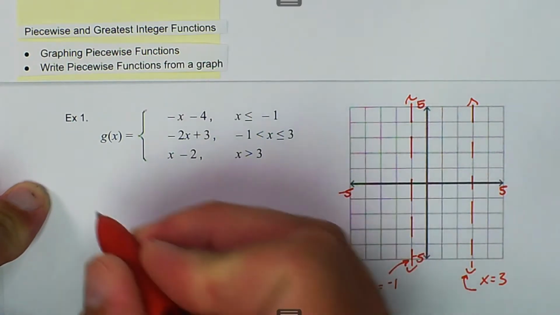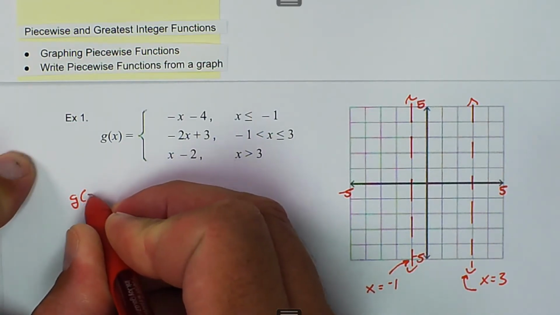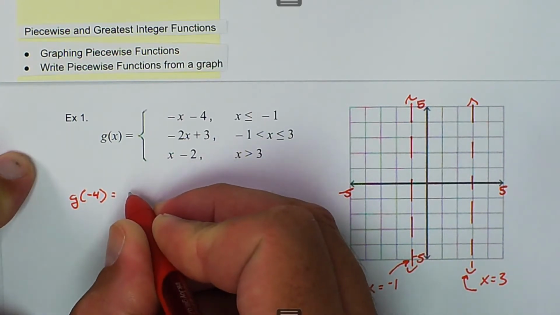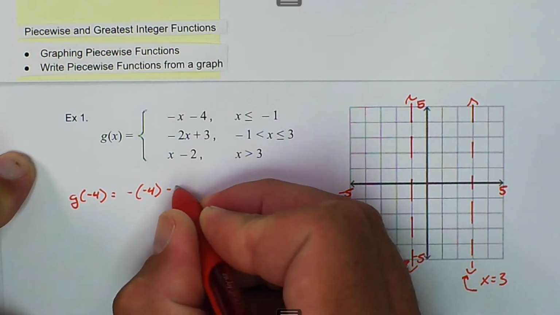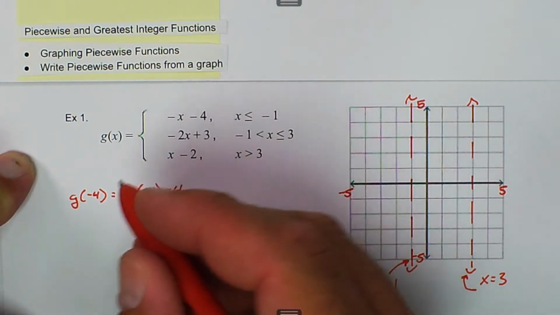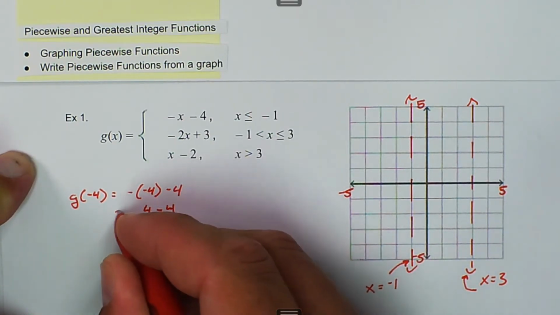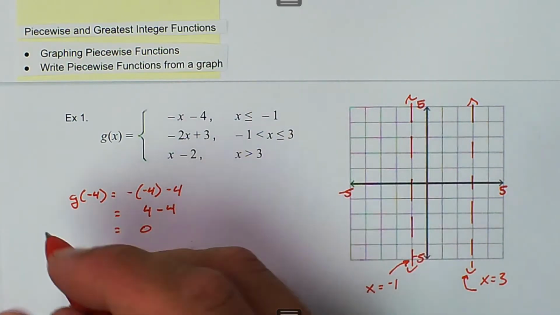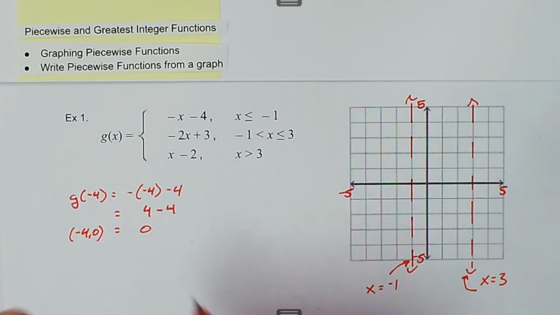So if I go to solve g of -4, that is equal to -4 minus 4. When we evaluate that, we get 4 minus 4, and so that's equal to 0. So we get the point -4, 0.